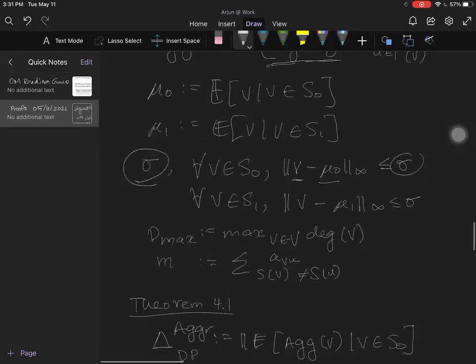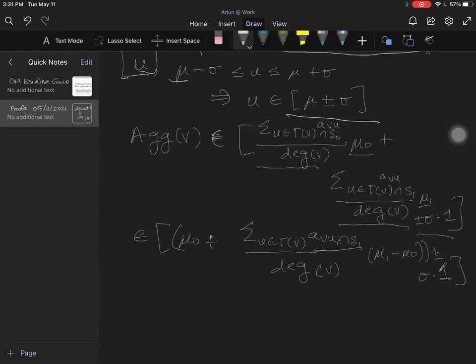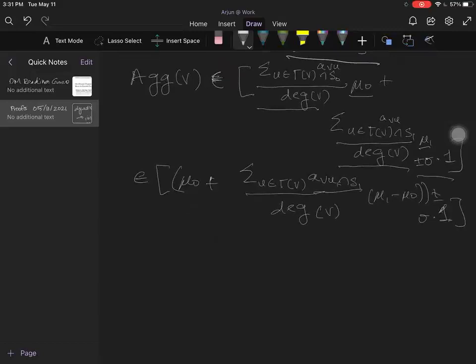Okay, so can you please move to the place that you stopped? Okay, so basically what's going on here when we do this rearrangement is that we know that the degree of V is equal to this sum.